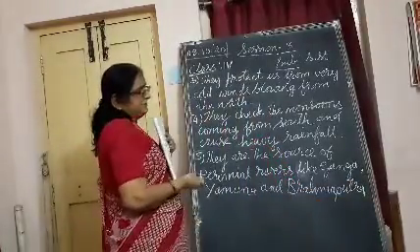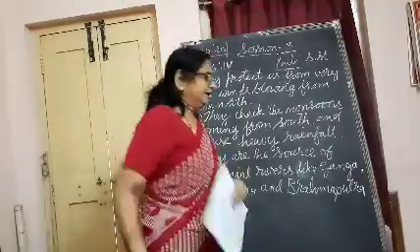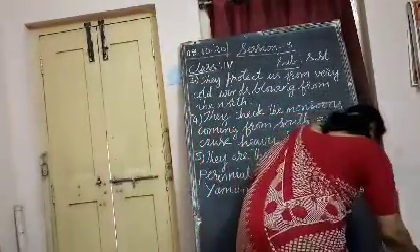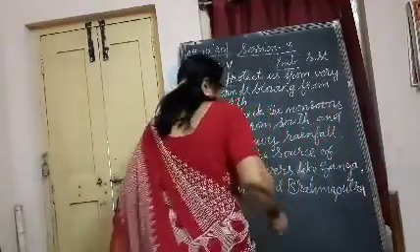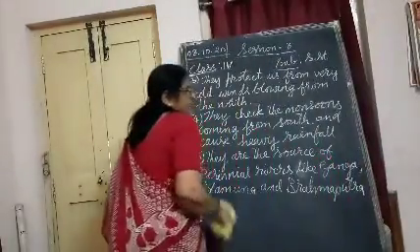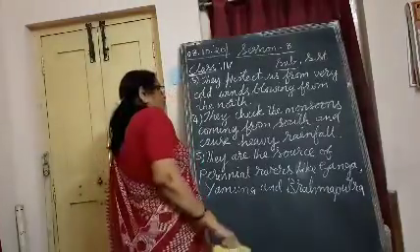They are the source means main place from where the river originates. For the perennial rivers means they never dry up. They flow throughout the year.